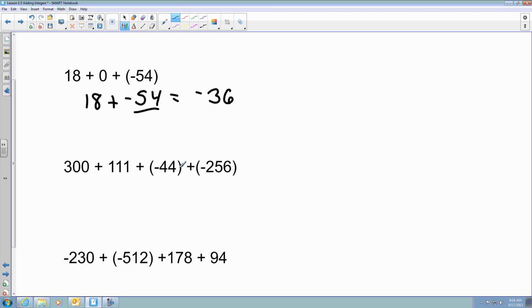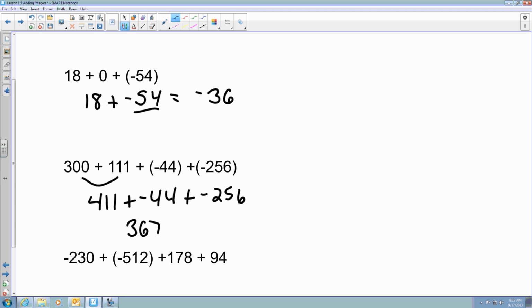I've got 300 plus 111 plus negative 44 plus negative 256. First thing I'm going to do is add these two together. So now I'm left with 411 plus negative 44 plus negative 256. I'm going to take the 411 and add the negative 44, which if I subtract those absolute values, I'm going to get 367.